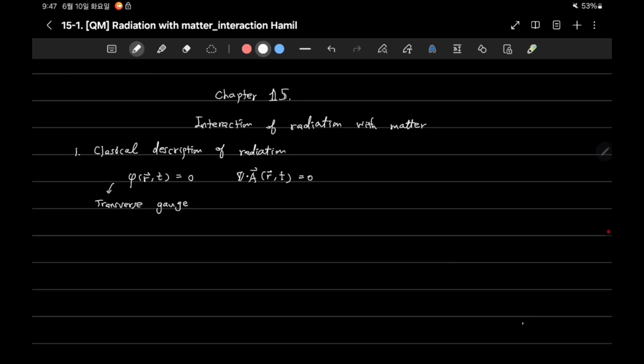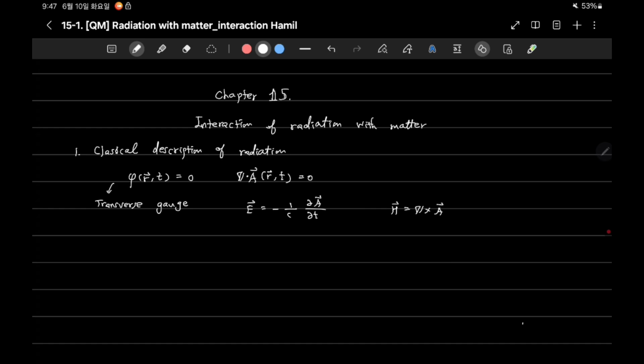In this transverse gauge, the electric field and the magnetic field can be defined: the electric field is minus the partial A, partial t, and the magnetic field is the curl A. So the time derivative of the magnetic field is related to the electric field.